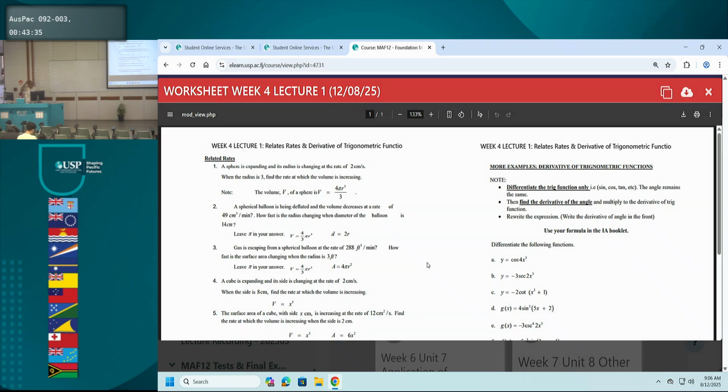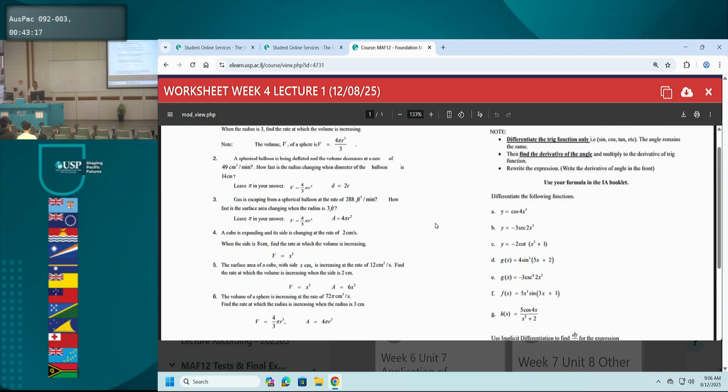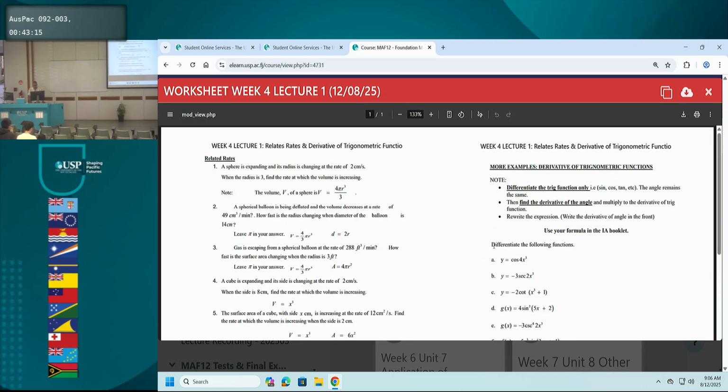These questions are in the Moodle Week 4 tutorial worksheet, so we'll go through some of the questions. On related rates, we'll have a look at question 2, question 6, and some on trigonometric differentiation.